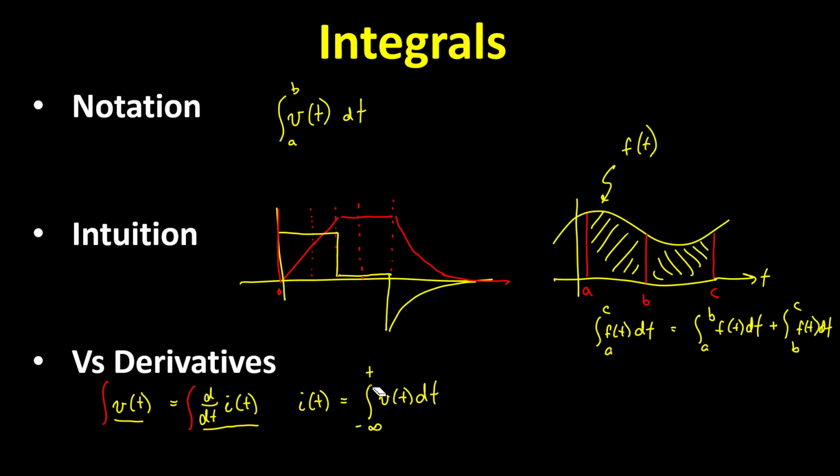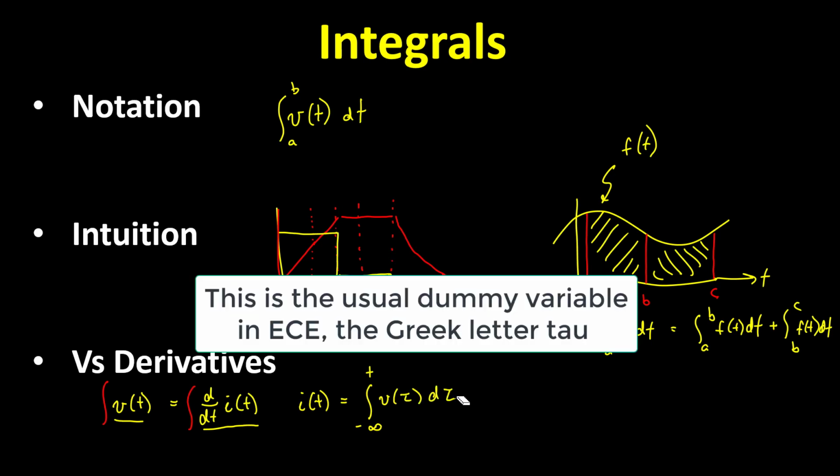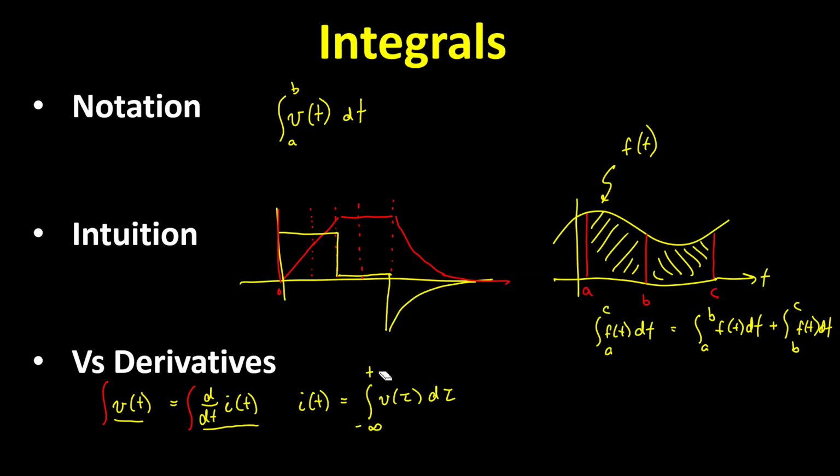And then the math people will object, saying you can't have this variable t and this variable t at the same time. So just to be entirely correct, I'll rewrite this with a dummy variable. And this is correct. You take the integral of your voltage between negative infinity and t, and that will give you the current, if the original relationship was that the derivative of the current is the voltage.